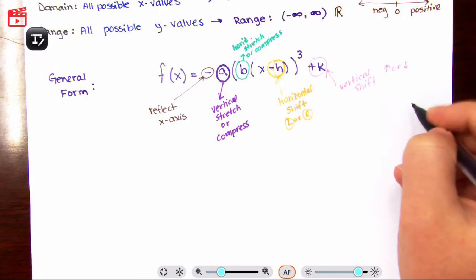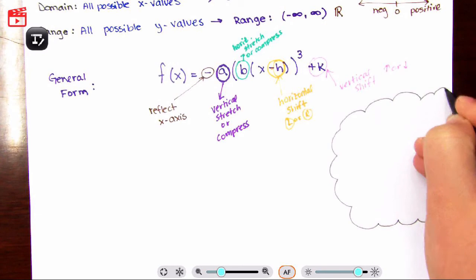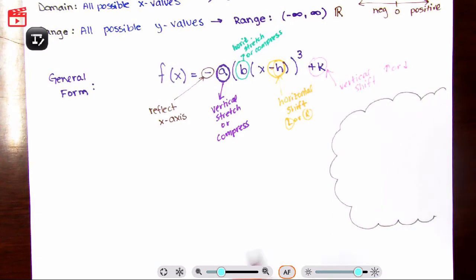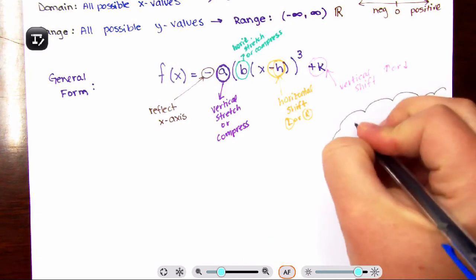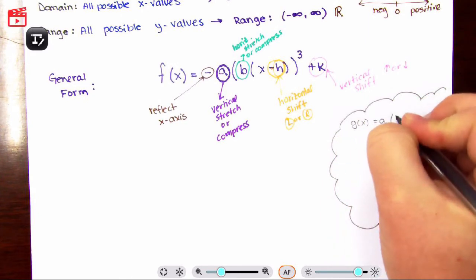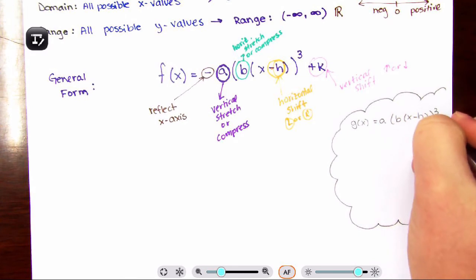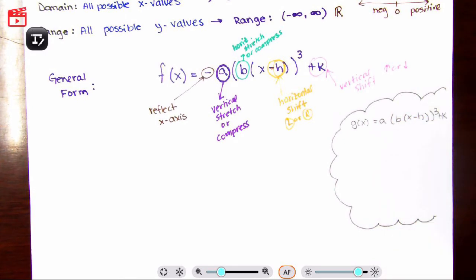I'm just going to do a thinking bubble here. This is just our thinking bubble for me to explain how that happens. So let's say we have our general form. I'm going to leave out the negative because I want my form to be positive for this example. We only need to concern ourselves with the negative if we have a reflection across the x-axis.